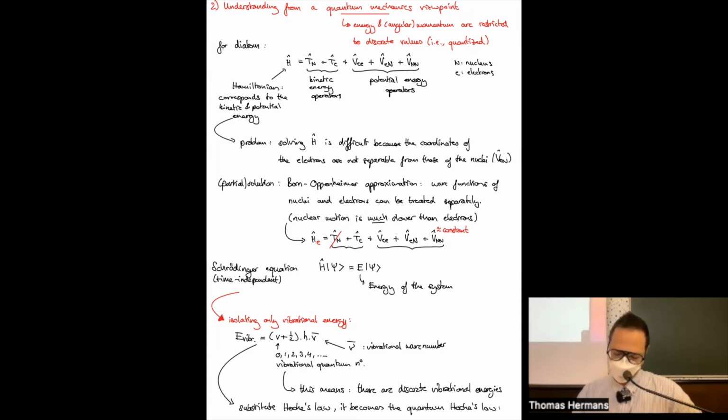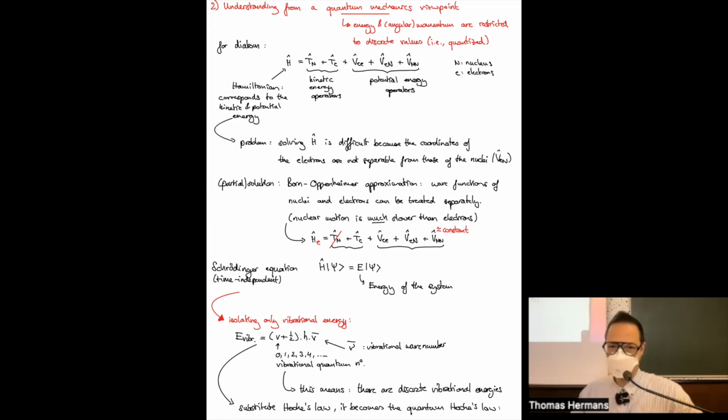And then if you do a lot of mathematics, which we're not going to do, you can isolate only the vibrational energy, which is E vibration equals. And now it gets confusing because it's again a V type thing.